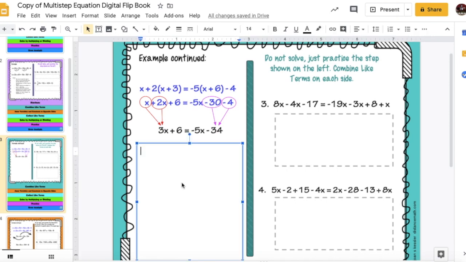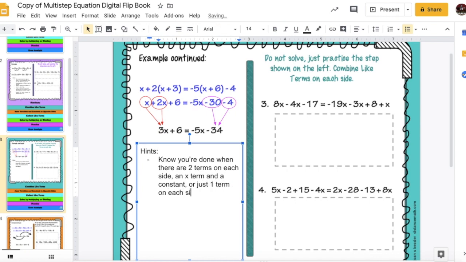So let me give you some hints here. You'll know you're done when there are two terms on each side, an x term and a constant, or just one term on each side. So it might simplify down to an x term and a constant, or just one.